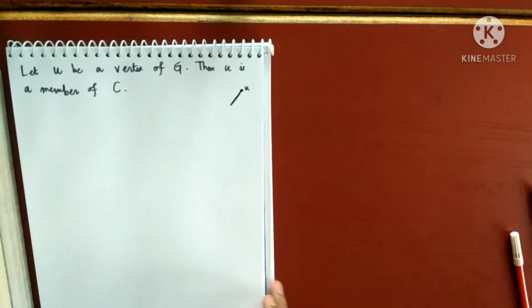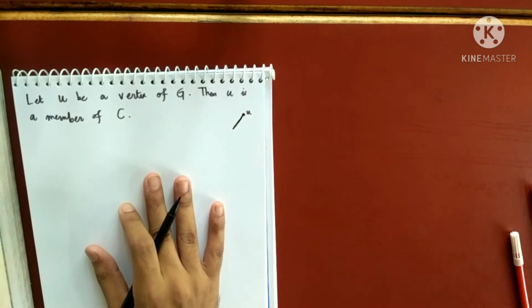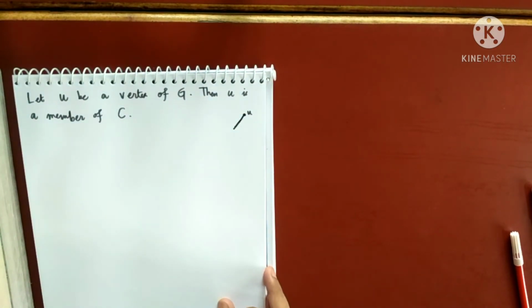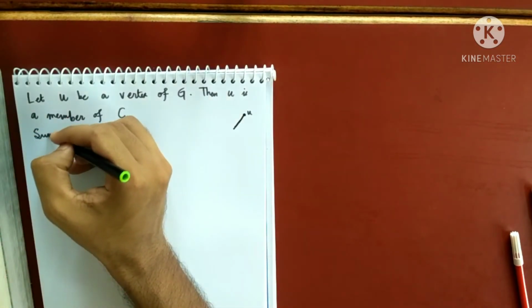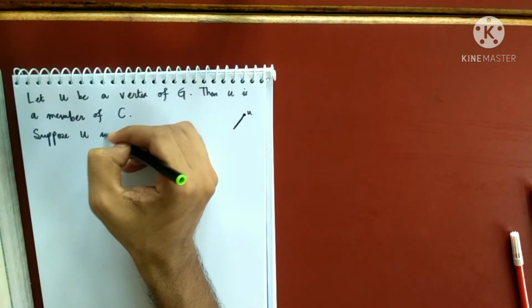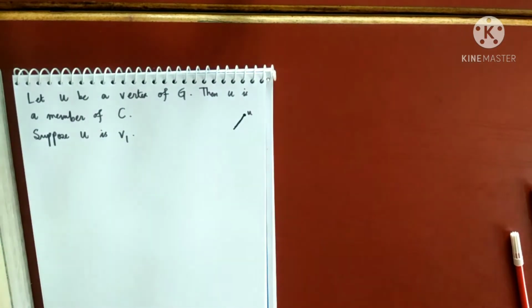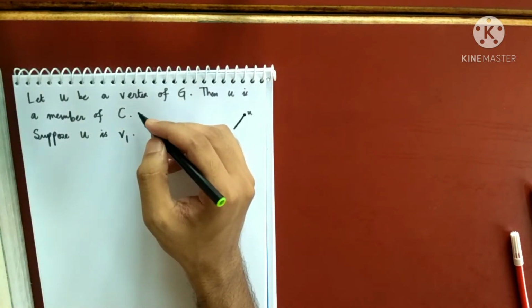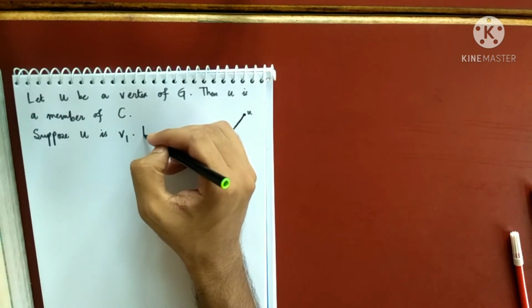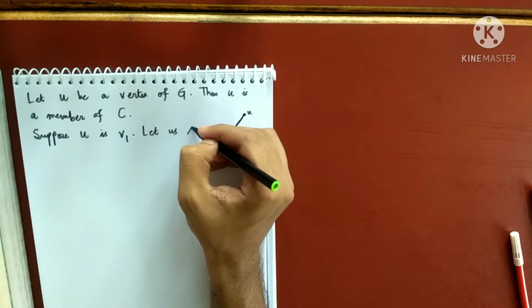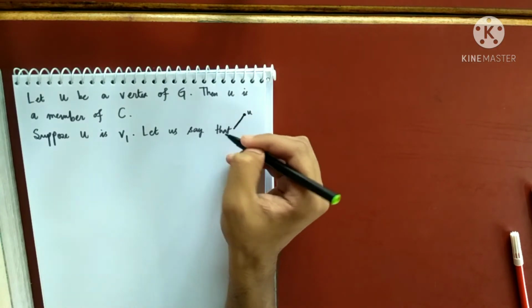Suppose U is V1. So yes, as you can see in the diagram, try to understand my point. Let us say that, hold on, let me write it down.